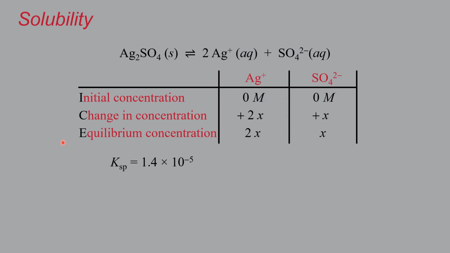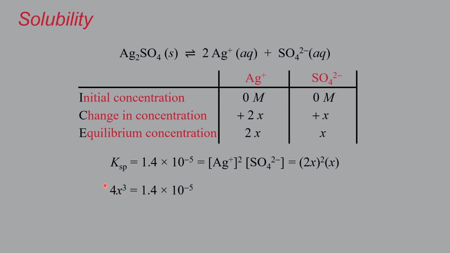It's algebra from here. So the KSP, as I said before, is equal to 1.4 times 10 to the negative fifth. That's equal to the silver concentration squared times the sulfate concentration. Algebraically, that is (2x) squared times x, which is 4x cubed.